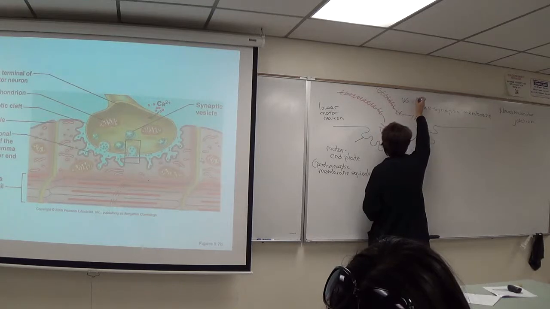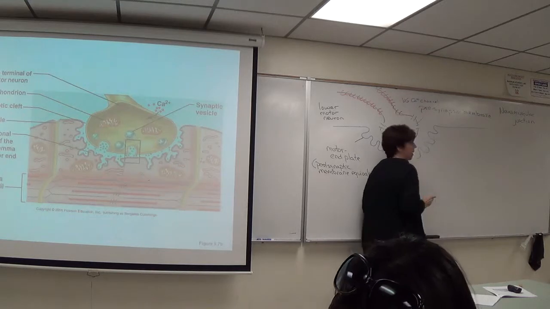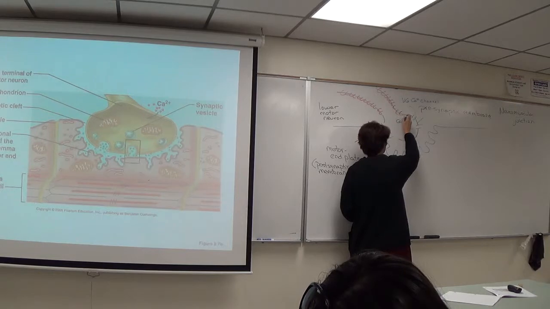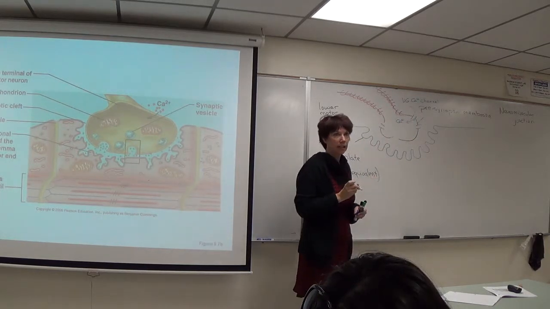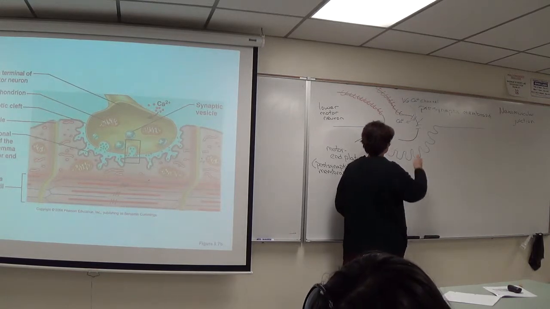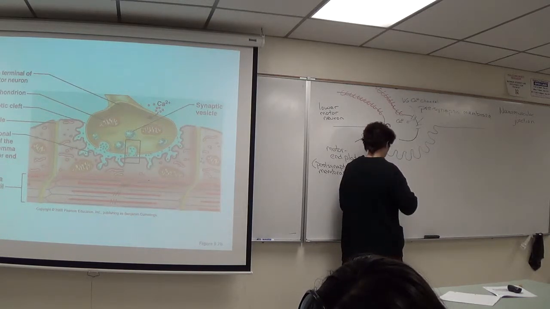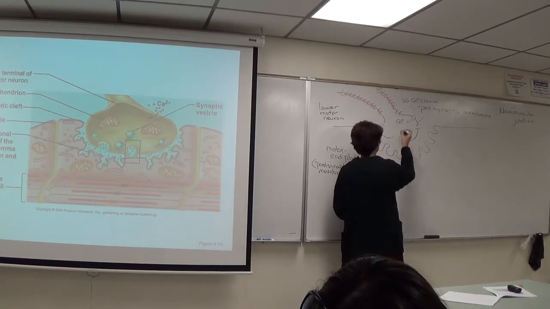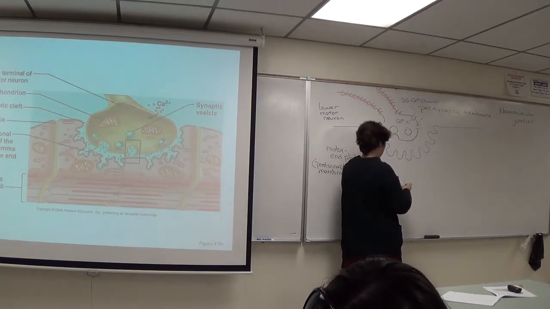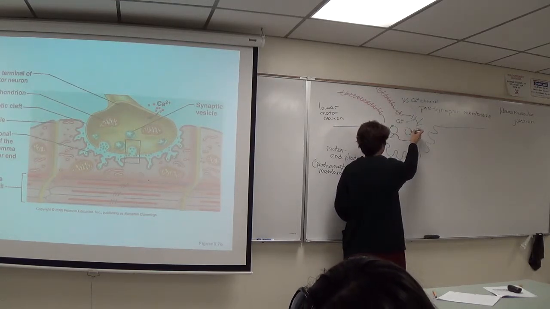So this is a voltage-gated calcium channel. Calcium ions enter the synaptic bulb and they will bind to a calcium binding protein on the surface. Anybody remember what that's called?